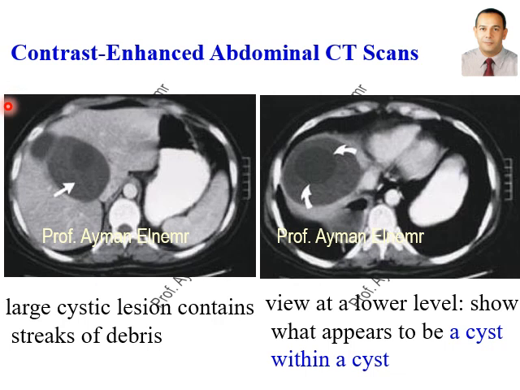Contrast enhanced abdominal CT examination showing large cystic lesions containing streaks of debris, and the right picture, which is at the lower level, shows what appears to be a cyst within a cyst.